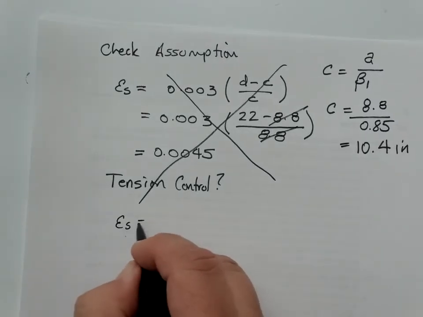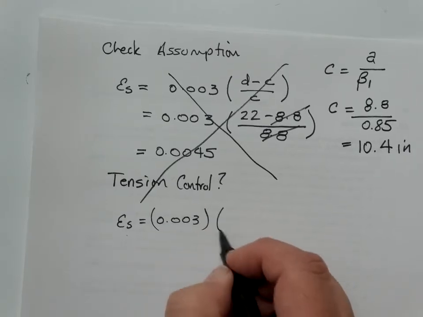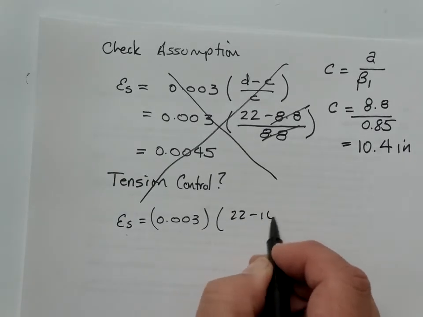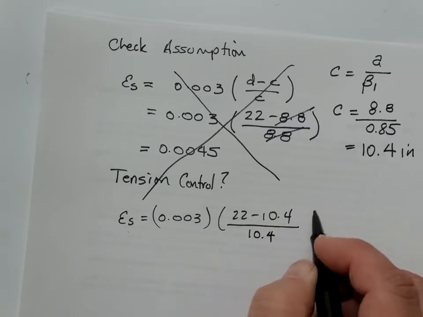The strain in the steel is equal to 0.003 multiplied by 22 minus 10.4 divided by 10.4.